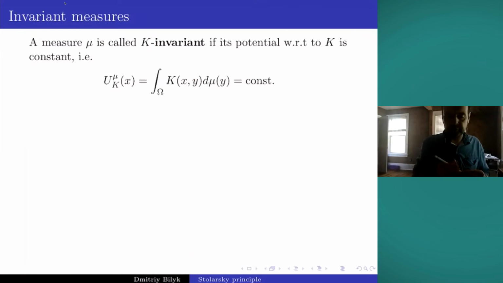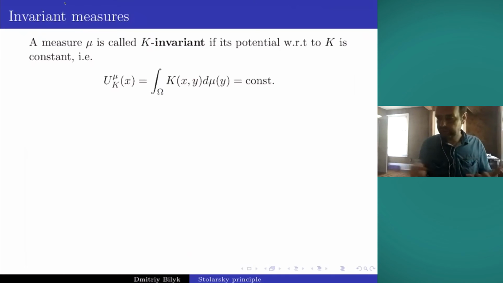In particular, you know right away that if you're in a two-point homogeneous space, or on the sphere, on the projective space, on the Hamming cube, and if your kernel is rotation invariant, then the uniform measure is going to be K-invariant. So you don't need to know a priori that it's an energy minimizer. You just know that it's K-invariant.